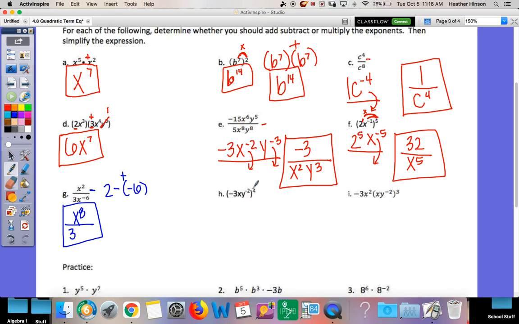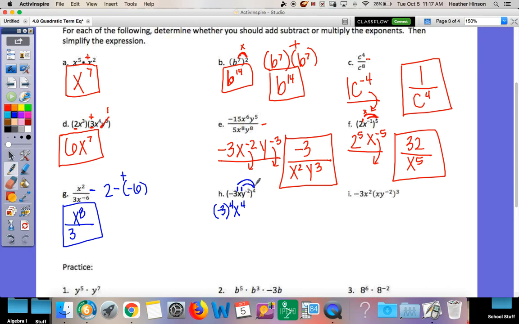Okay, we have another exponent outside the parenthesis, so we can write this whole thing out 4 times, or we can distribute it to the inside, to our exponents. So this is negative 3 to the 1st power, so that 1 times 4, that's going to be negative 3 to the 4th. That's x to the 1st power, so 1 times 4 is x to the 4th.